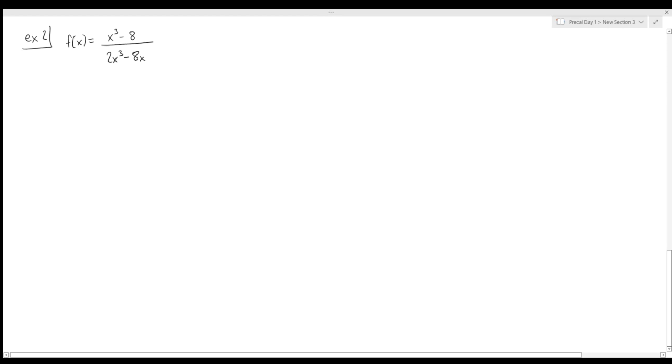Okay, so we have another rational function here, and we're going to do the same type of question. We're going to find the domain, find where the function is 0, positive, and negative, and then we'll also talk about the horizontal and the vertical asymptotes, okay?